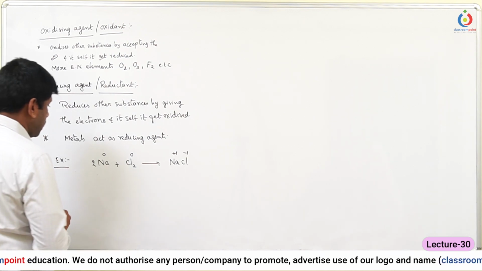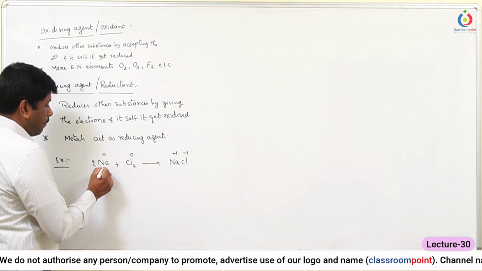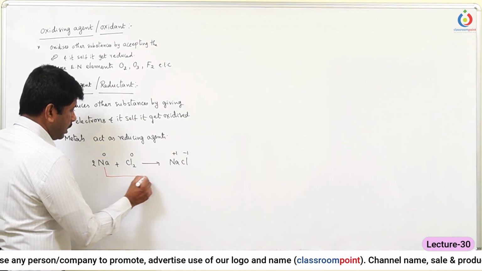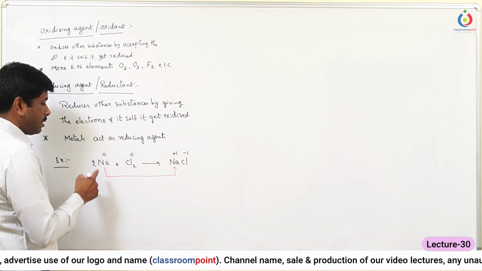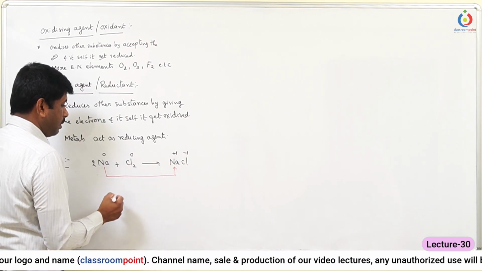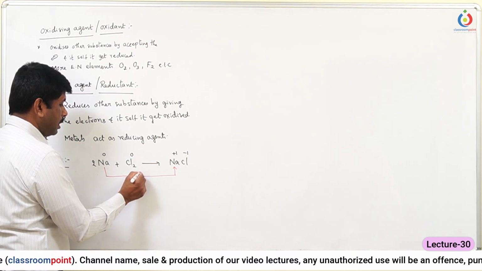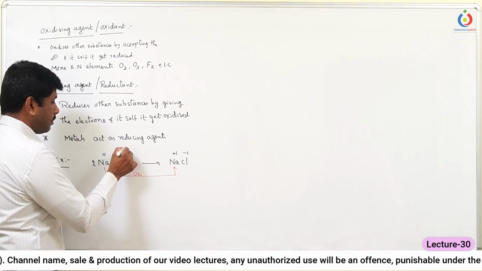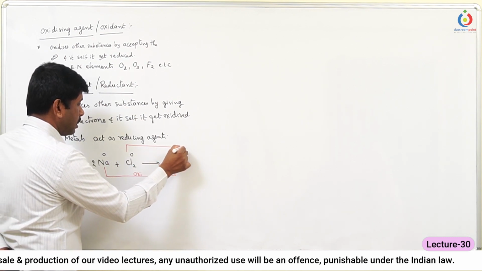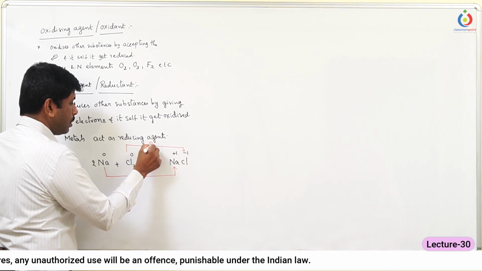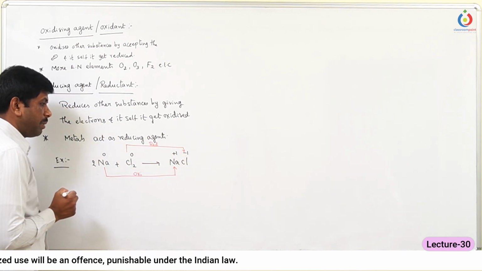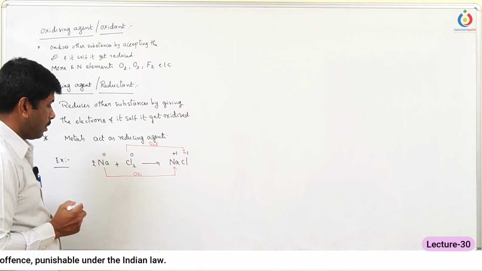So it clearly says that from elemental form sodium to compound ionic form Na+, the oxidation number of the sodium increased. That means this process is called the oxidation. And chlorine oxidation number decreased from 0 to -1. So this particular half reaction can be called the reduction.